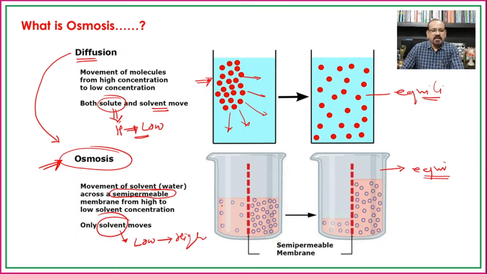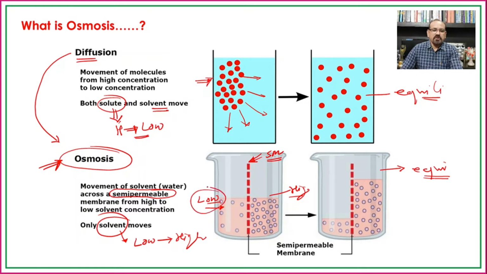Now see here, on the first side you will find there is a lower concentration, and on the right side there is a higher concentration, and both are separated from each other by means of a semi-permeable membrane.